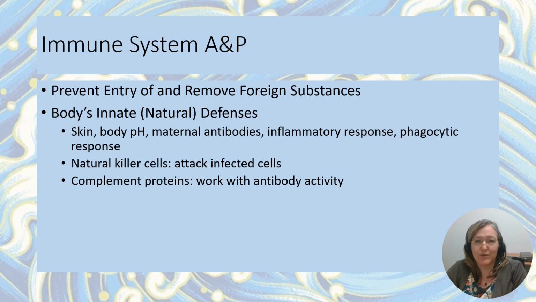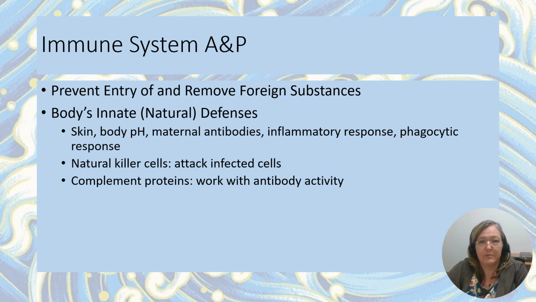So as a reminder, the parts of the body that are involved in immunology are some things you might want to go over from A&P. First of all, your body's natural defenses include your skin, the natural flora on your skin that prevents other organisms from taking over. Your body pH is part of your immune defense.